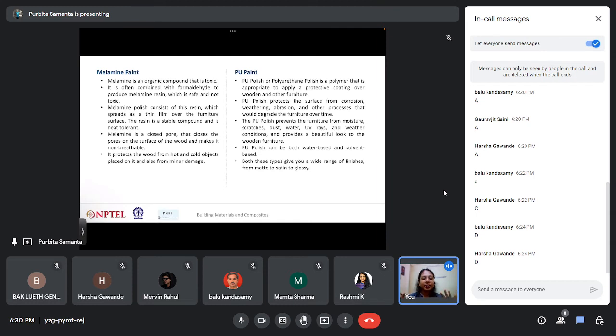So it's very important that we coat our wooden surfaces as well, and melamine paint is one such compound which can basically protect the wood from hot and cold objects placed on it, and also from any kind of minor damages. The other one is PU polish or PU paint. The term PU, we have already come across previously also. PU is basically polyurethane polish.